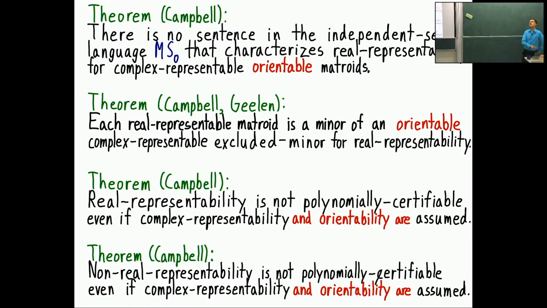Real representability is by having a swirl-like matroid again, where exactly one of many transversals satisfies the condition. So you need to check all of these transversals to ensure that you either have or don't have a transversal that satisfies the condition you need. So it's something like alpha to the n.